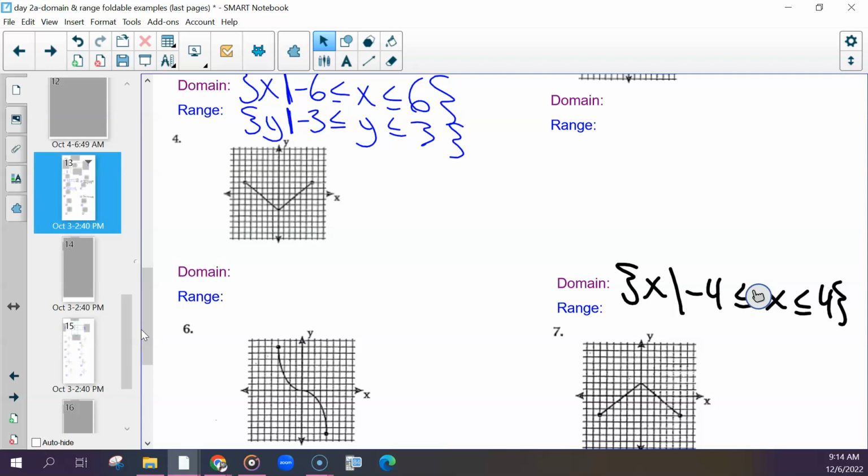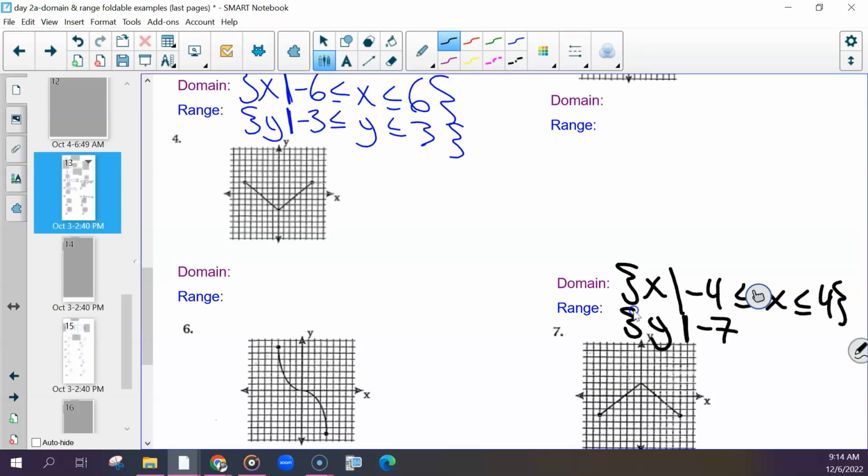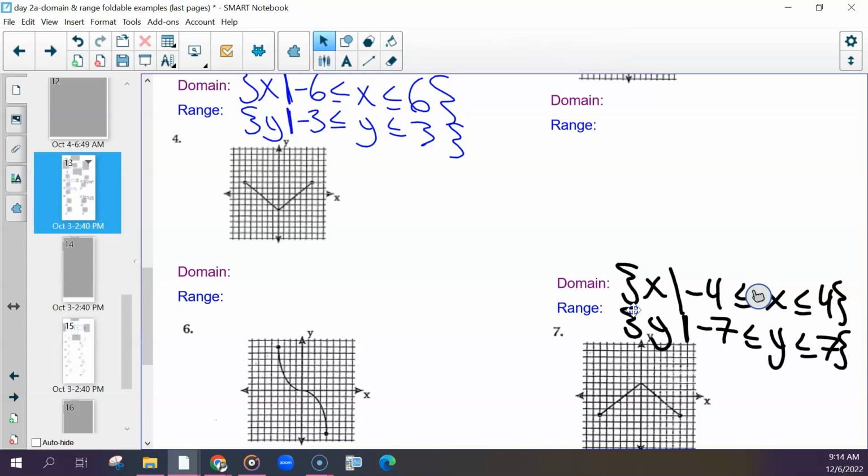Anyone? How would we write that for our range? Curly brackets. One is straight line. Curly brackets. Right? So these are different than how we're going to do the next page.